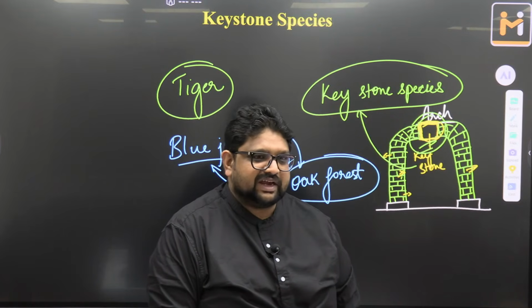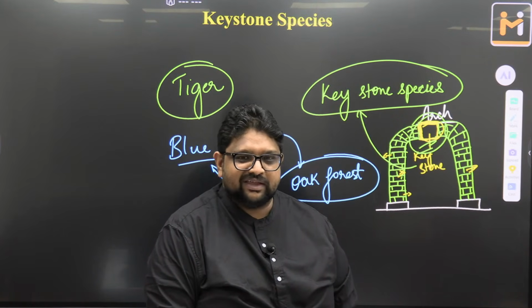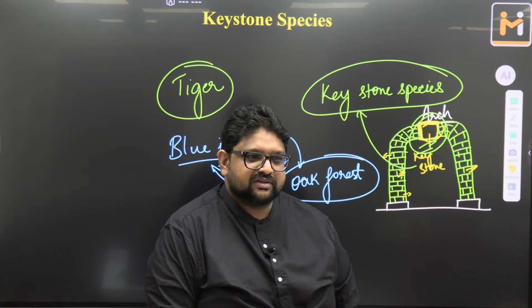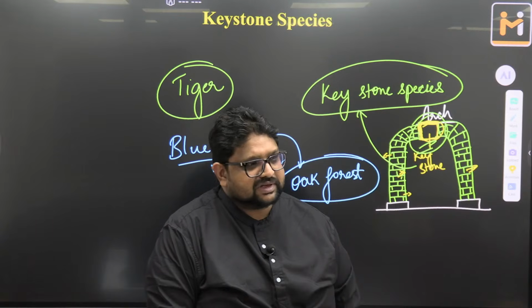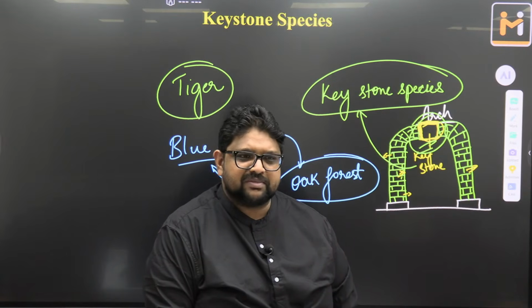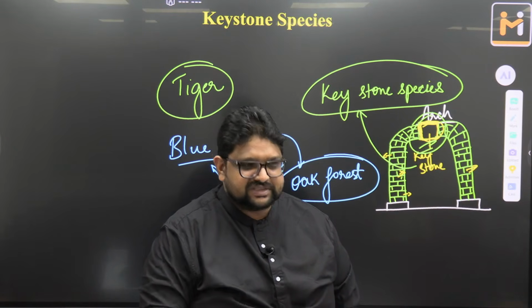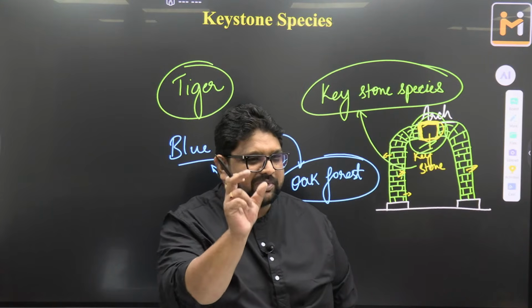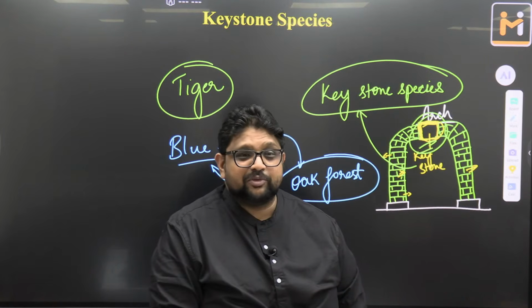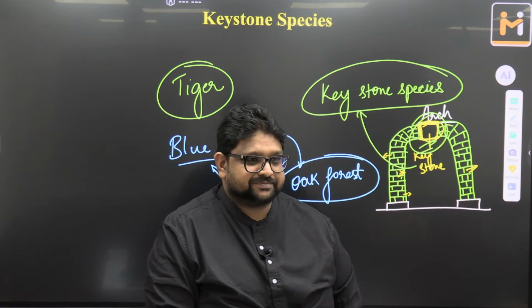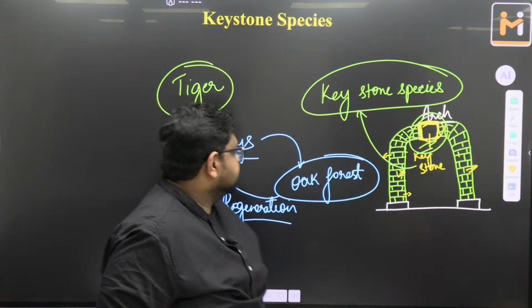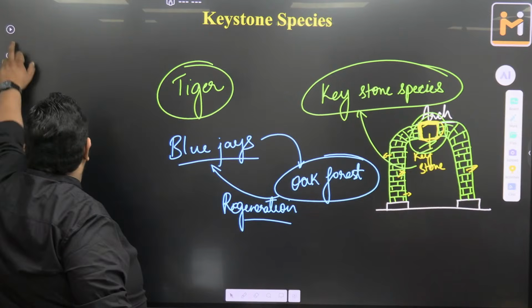They will migrate or die, they will get extinct. So the entire forest will collapse. Finished, nothing remains, it will become a desert just by removing one small bird from the ecosystem. That's why the blue jay is called a keystone species.